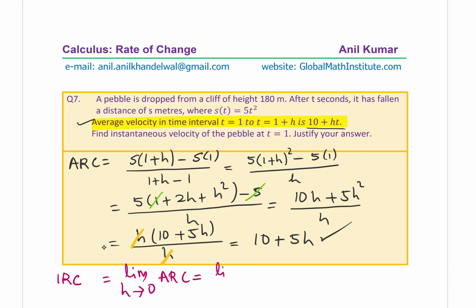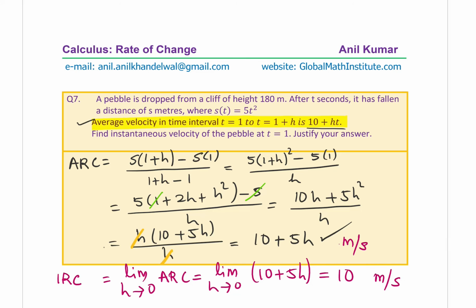So we can write this as limit when h approaches 0 for 10 plus 5h, and that clearly when you substitute 0 for h is 10. So we get that instantaneous rate of change, and that should be in meters per second, right? So both are in meters per second, and that becomes your answer. Clear?